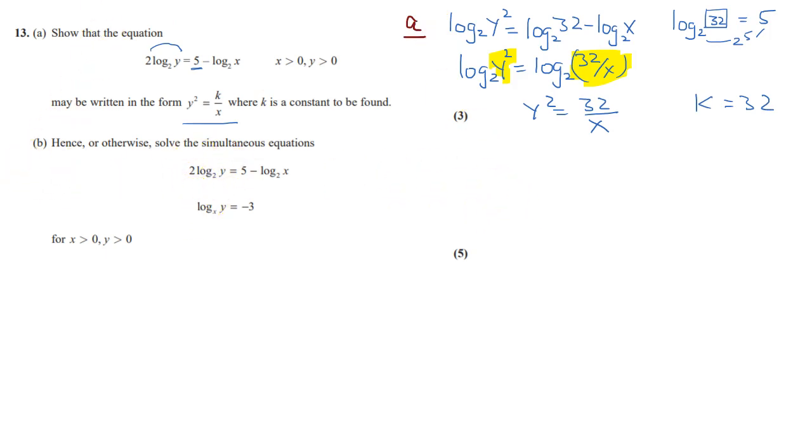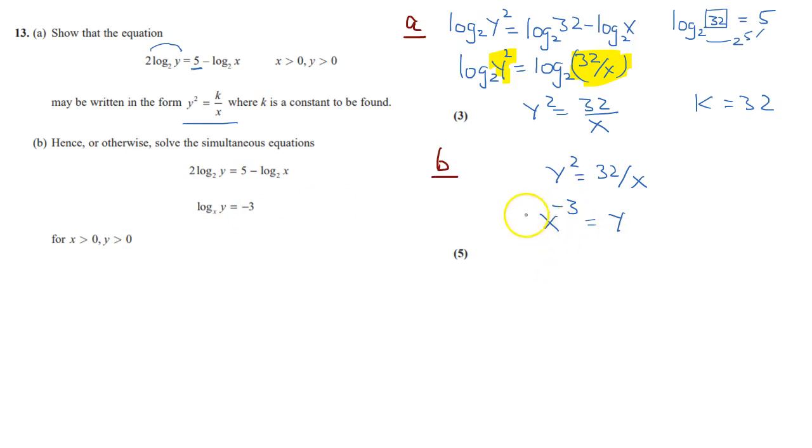Part B. Hence or otherwise solve the simultaneous equations. So equation number 1 is the same, that is y square is equal to 32 over x, and the second equation can be written as x to the power minus 3 is equal to y, the same way we have written here.